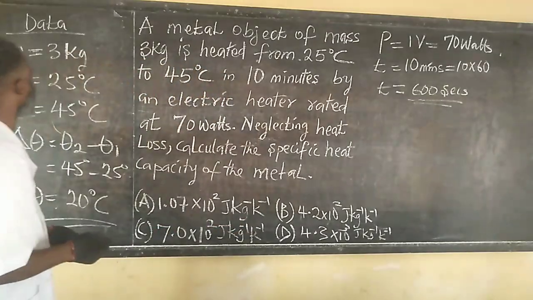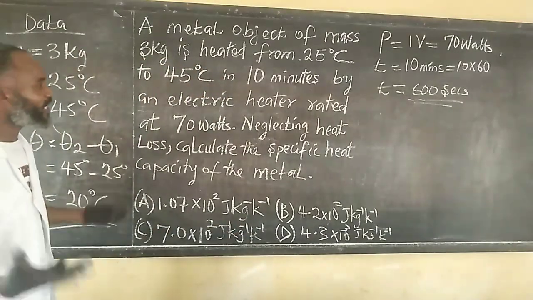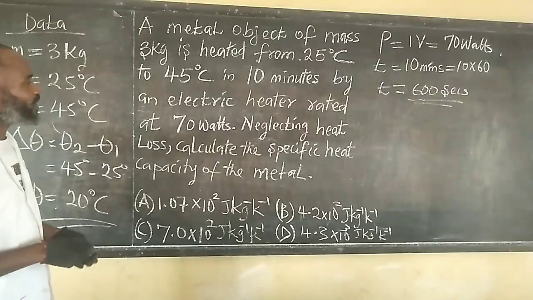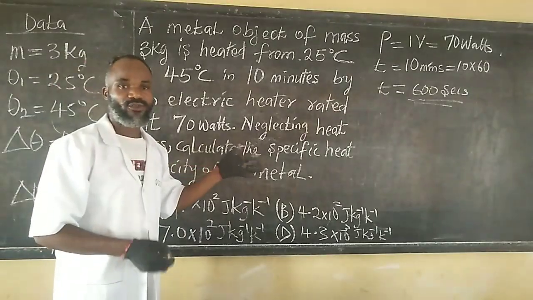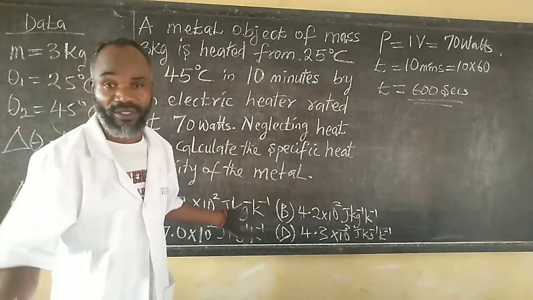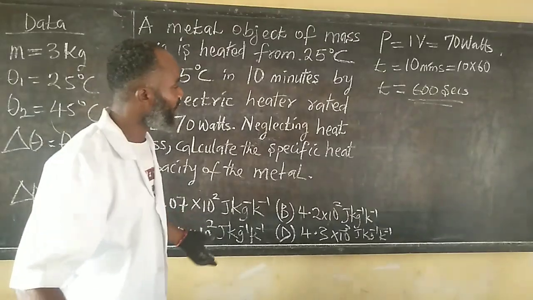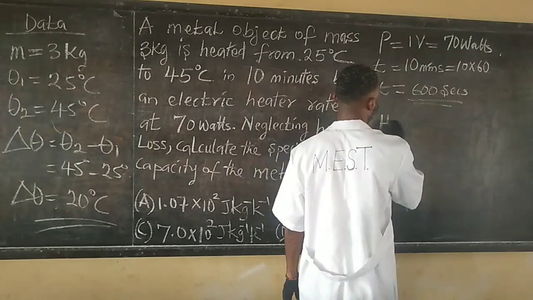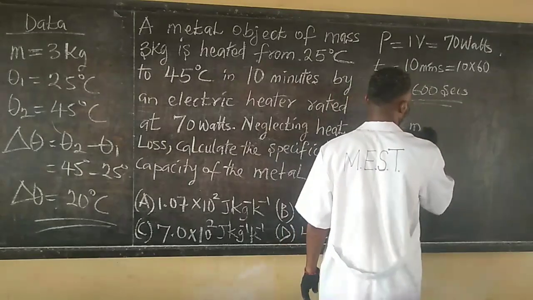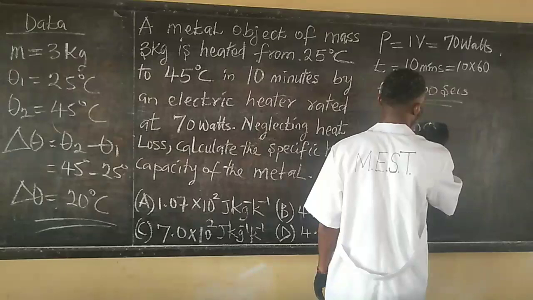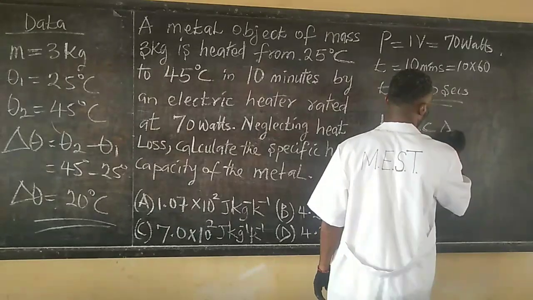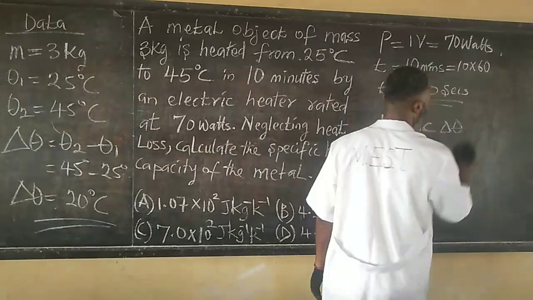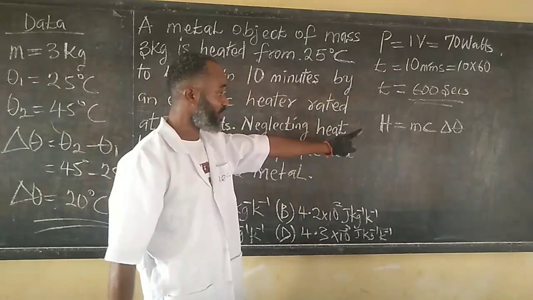Now, we look for a relation that connects heat to specific heat capacity. Of course, we are talking about heat, so that should be H is equal to M C and then the temperature difference, theta.